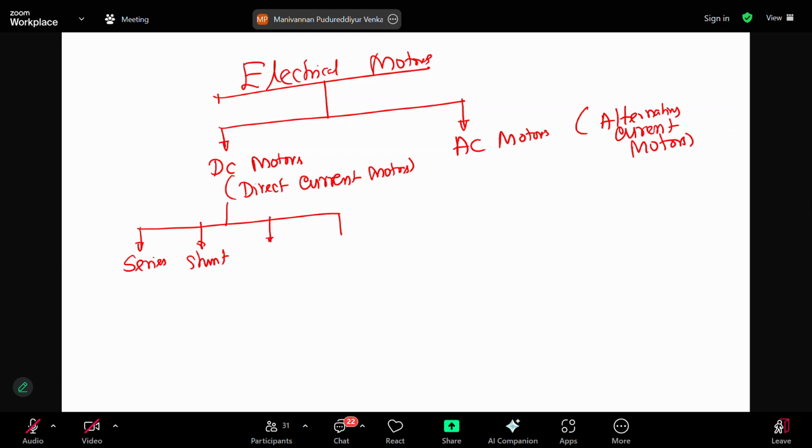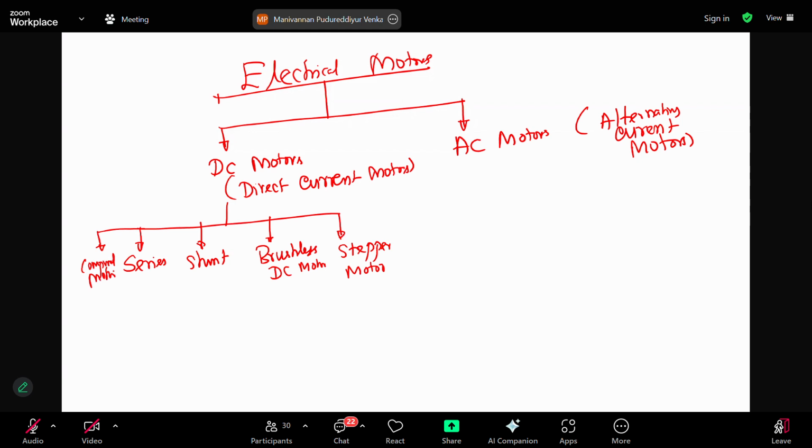Then the third one is called brushless DC motor. Then stepper motor. These are the major ones. Apart from that, there may be special categories that you can forget. In fact, there's one called compound motor also. If you're an electrical engineer, you would have heard about the compound motor. We will see that compound motor.